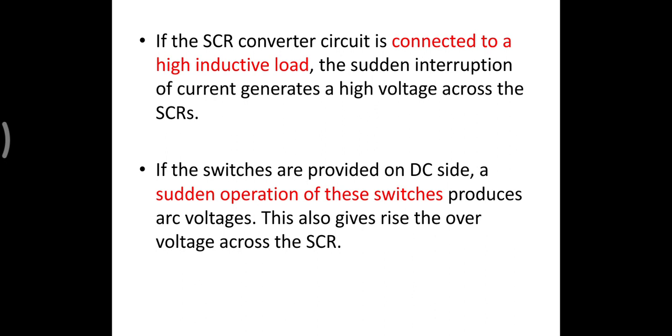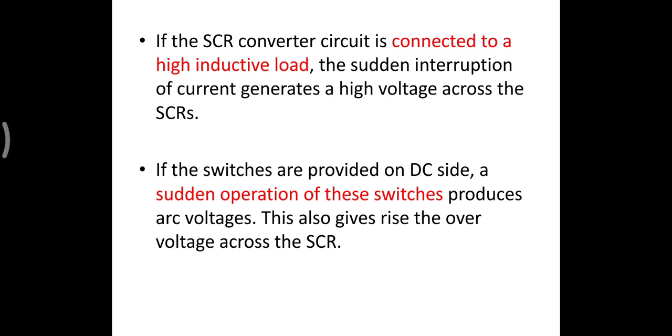With a highly inductive load, there are some currents existing in the system. So when the switching operation is done, at that situation high voltages are generated across the SCR. This is one of the causes of the external over voltage.